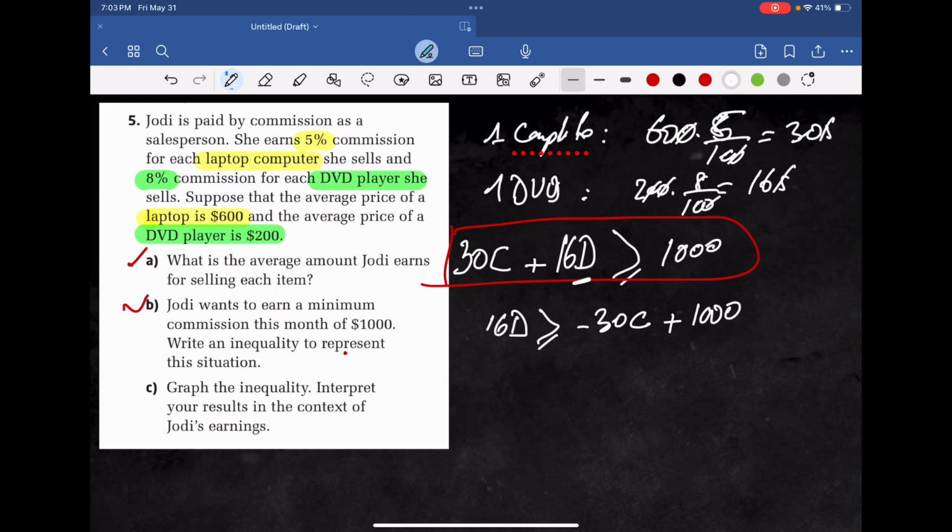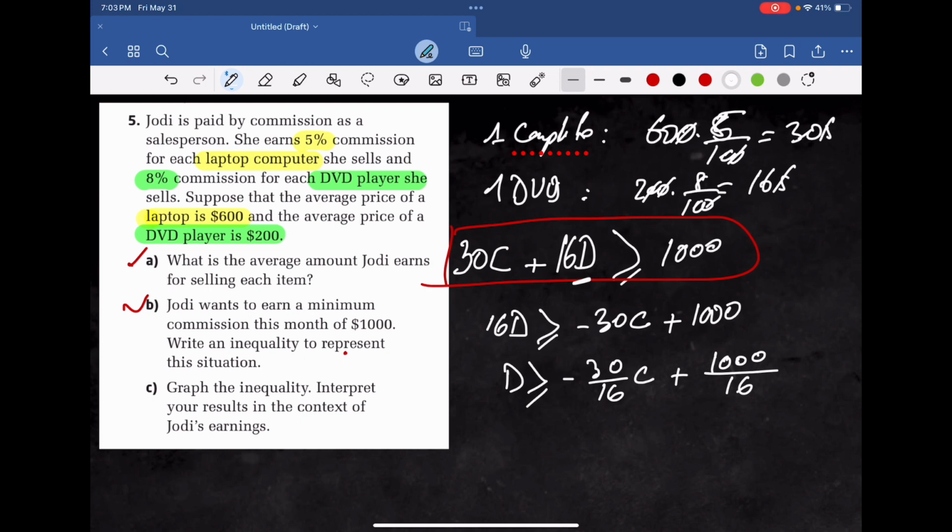So now d is greater or equal than minus 30 over 16c plus 1,000 over 16. Okay, good. So this is my question.